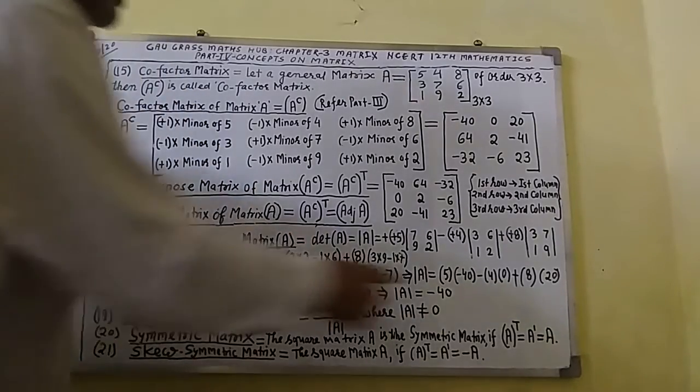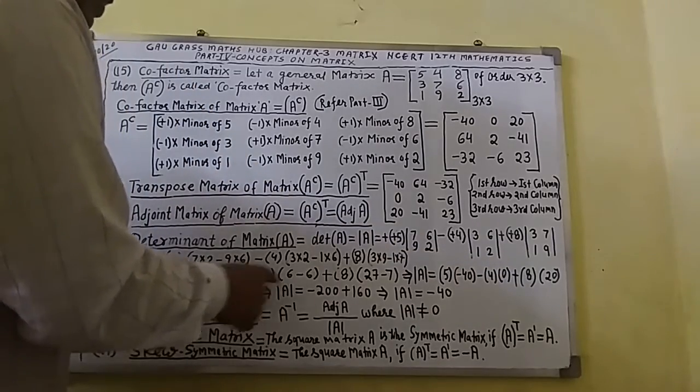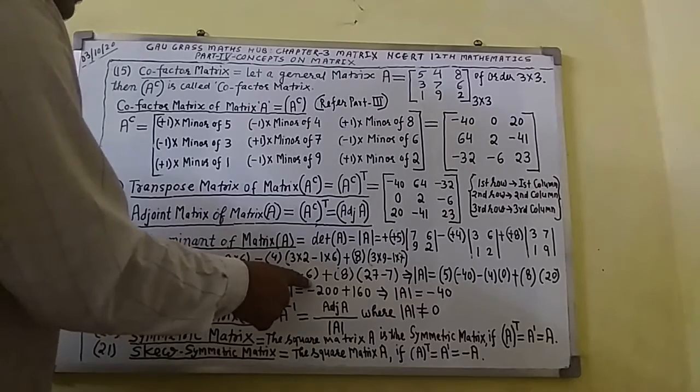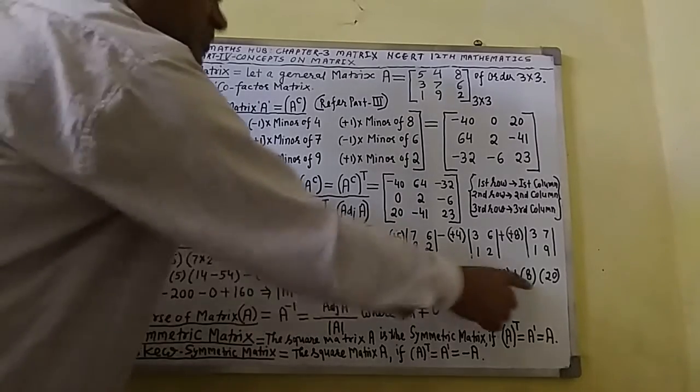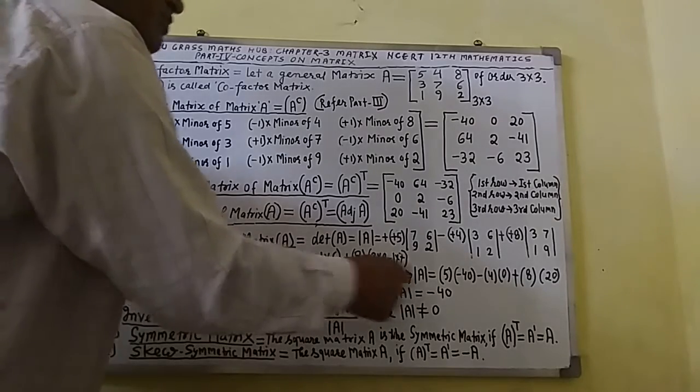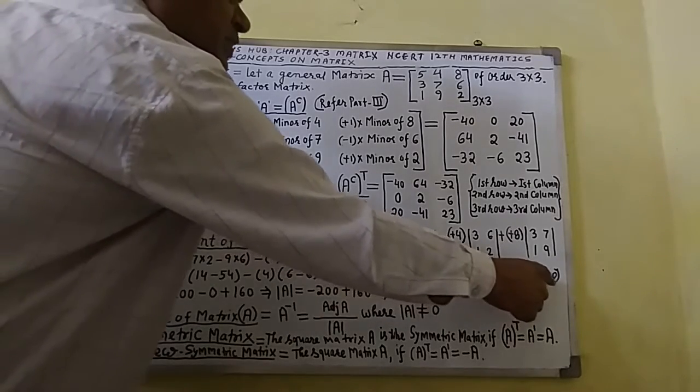This minus will be written at this place. 4 will multiply with 0, because 6 minus 6 comes out to be 0. Plus 8, and 8 will multiply with 27 minus 7, which comes out to 20.